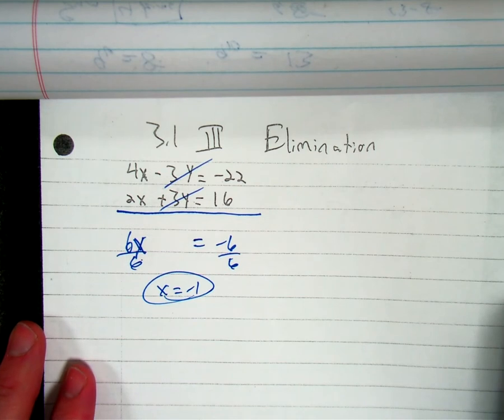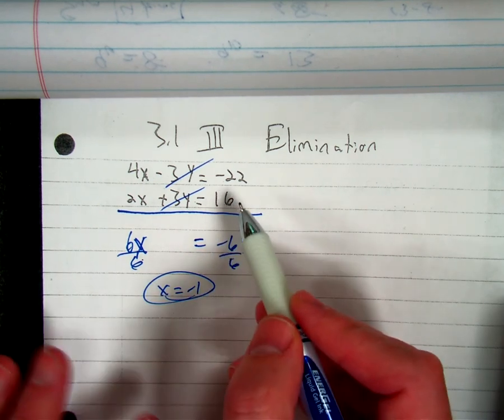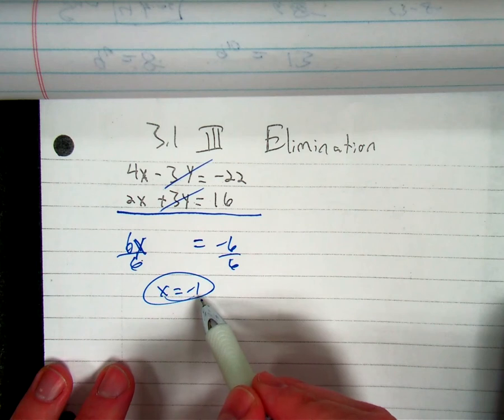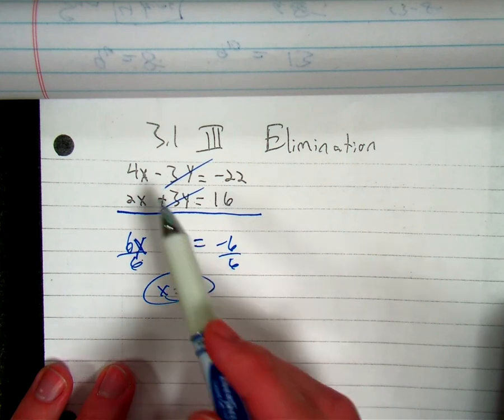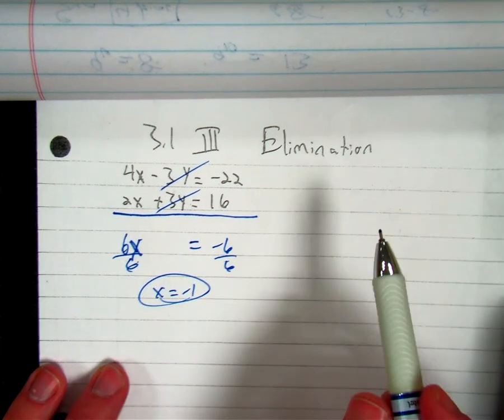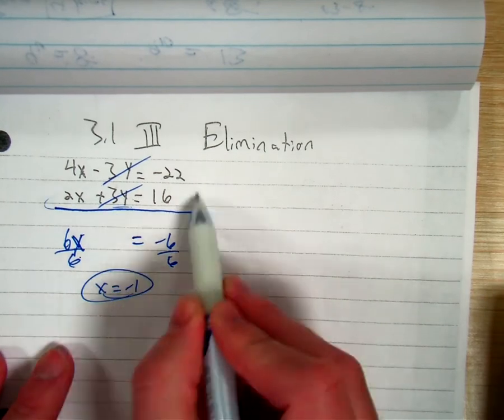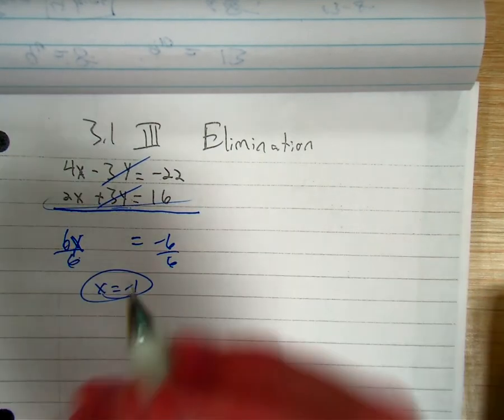Are we done? Nope. Our answer needs to be in a coordinate point, x comma y. So how can I get the y? We're going to plug this negative 1 back into either equation, your choice. I'm going to pick the bottom one just because it's got a little bit smaller numbers.